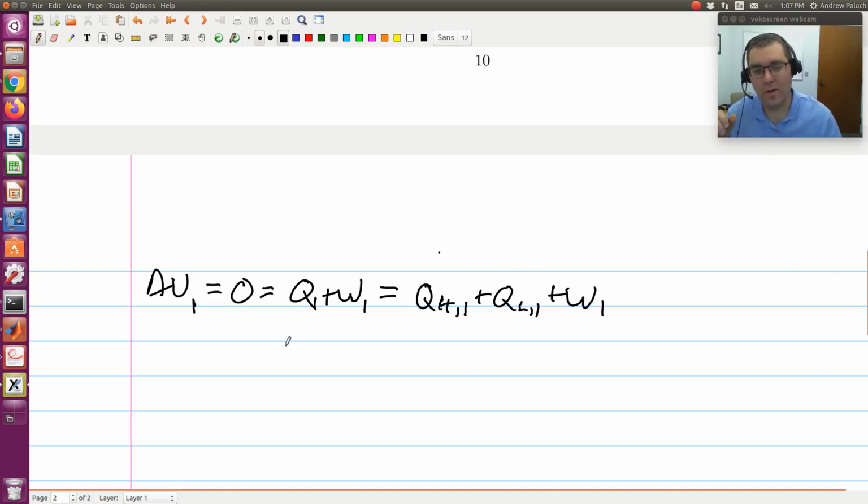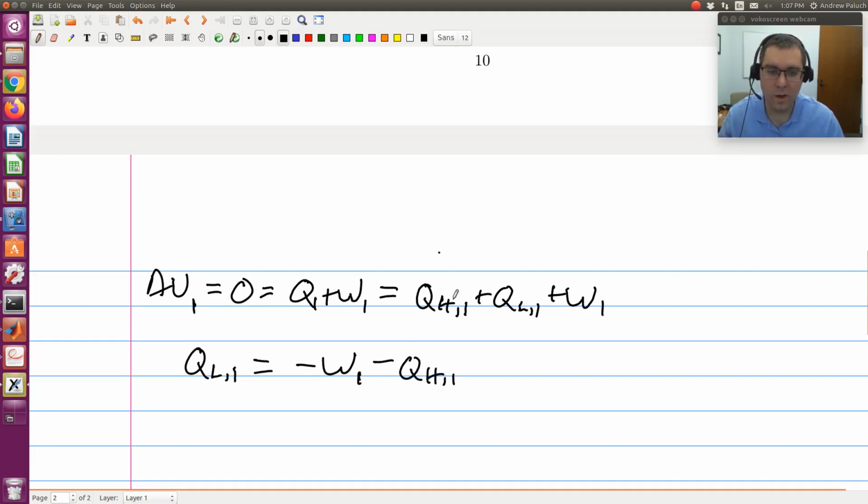If I want to solve for QL1, it's just equal to negative W1 minus QH1. So QL1 is just negative W1 minus QH1.